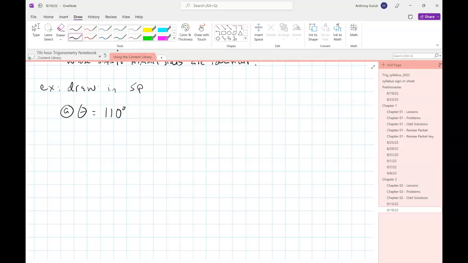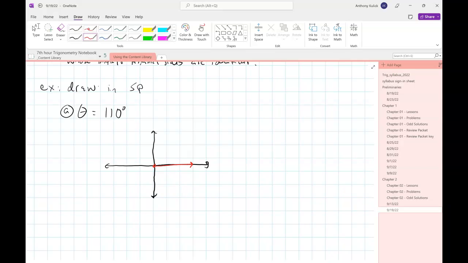I'll say that's SP is standard position. So if I want to draw a standard position angle, I'm going to start by drawing my XY axes. Whenever I draw a standard position angle, the initial side is always on the positive x-axis.